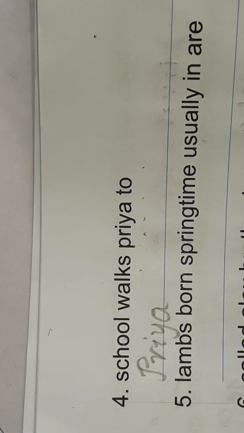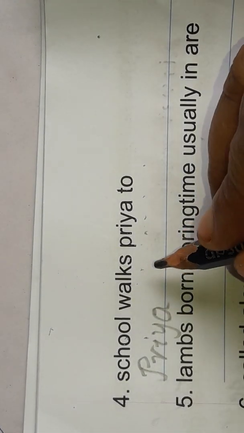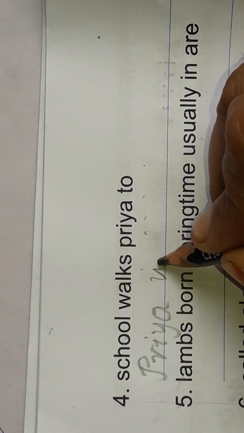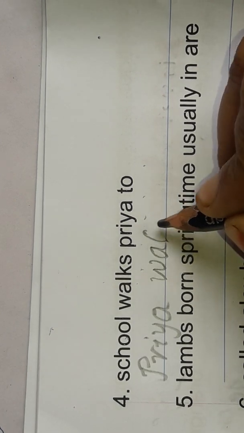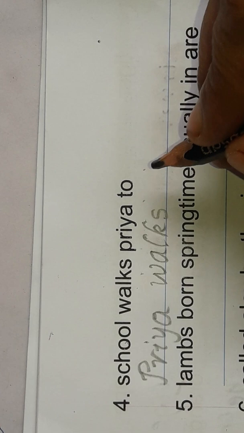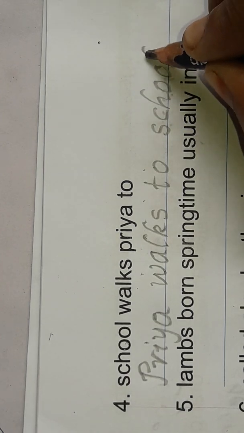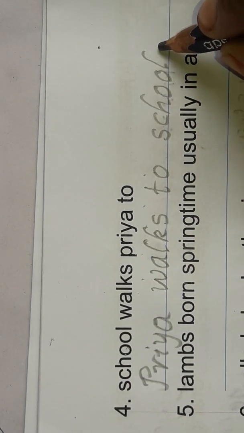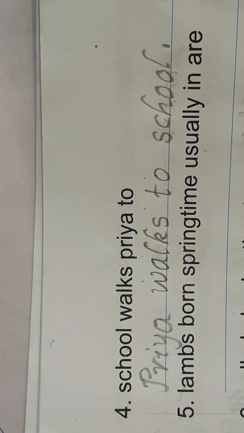Next walks. Priya walks to school. This is the sentence with punctuation. Priya walks to school.